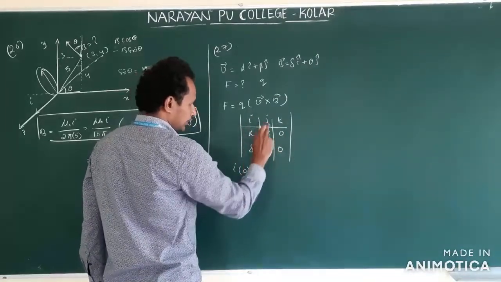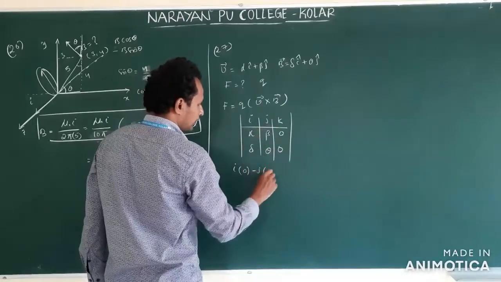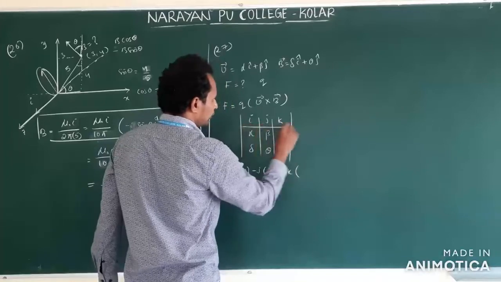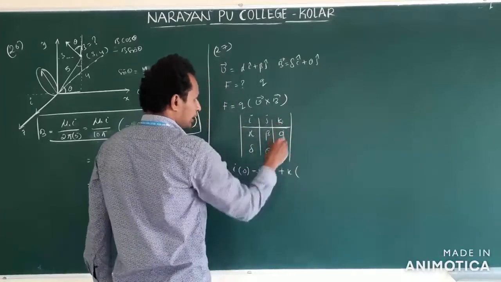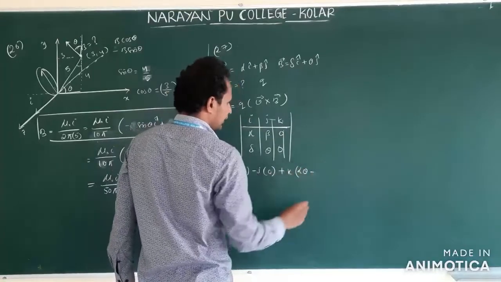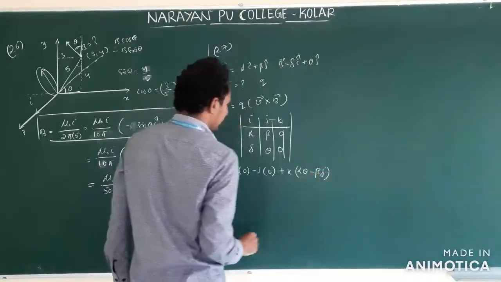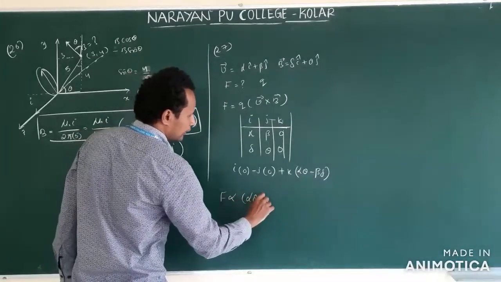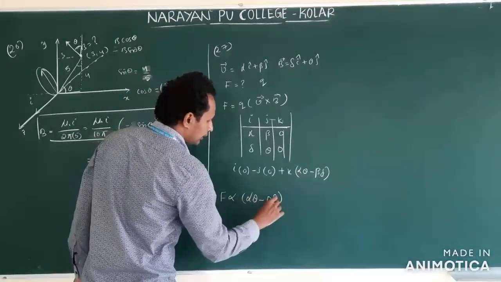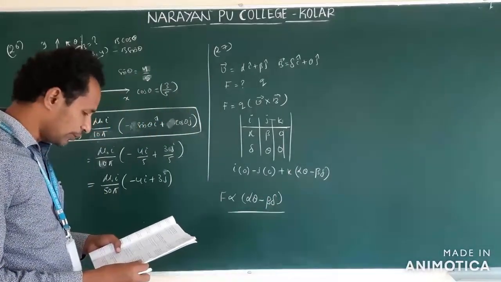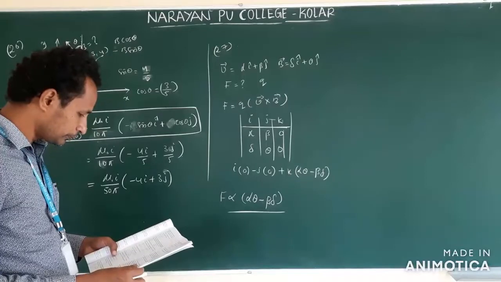For j, we leave this and this, again 0, plus k. For k, leave this column and this row. Then alpha theta minus beta delta. So F is directly proportional to alpha theta minus beta delta. Check the options.